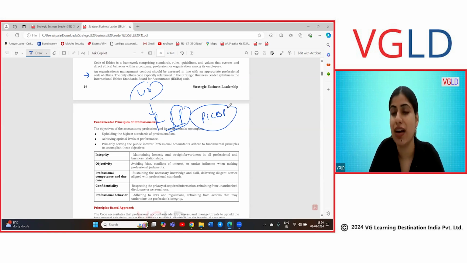We are respecting the confidentiality of our client and its related information. And we are behaving professionally. That means we are adhering to the rules and regulations, and we are not doing something which is going to damage the reputation of our profession. So me being an ACCA member, I should not be doing something which is going to tarnish the image of the ACCA body.